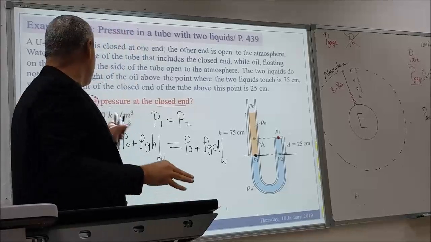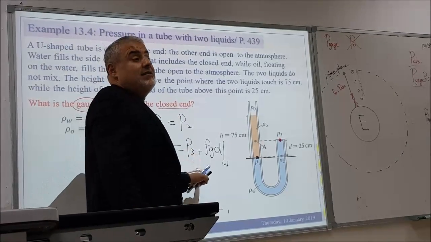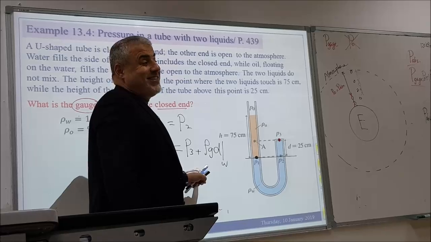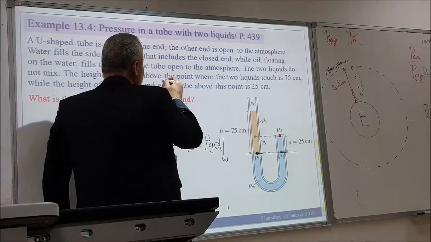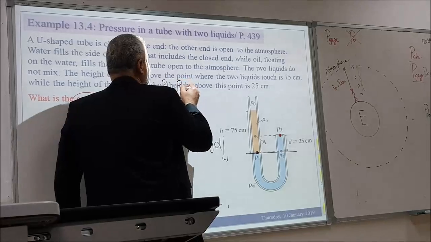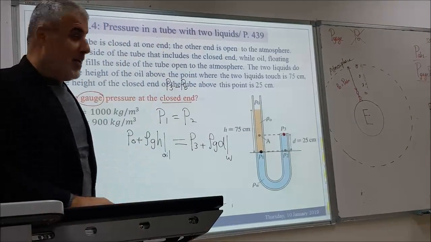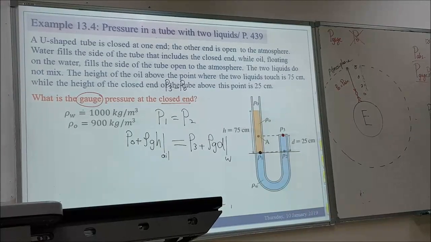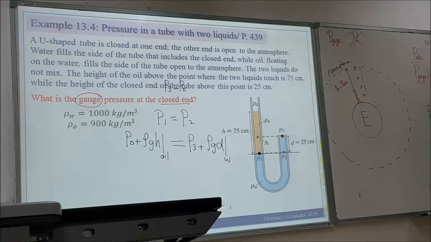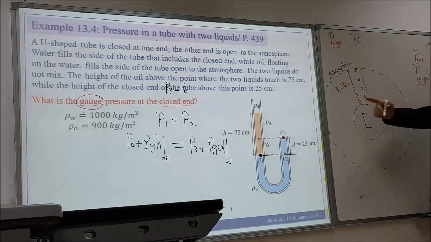What he asked: what is the gauge pressure of the close end? This is the close end. What is the gauge pressure? You can write it يا شباب P3 minus P0، يعني الغي منه اطرح منه الجيج. لما تتعامل معي هنا ليش قلت انت هنا 20 انت كتبت 120 minus 100 صح؟ The same thing you do.